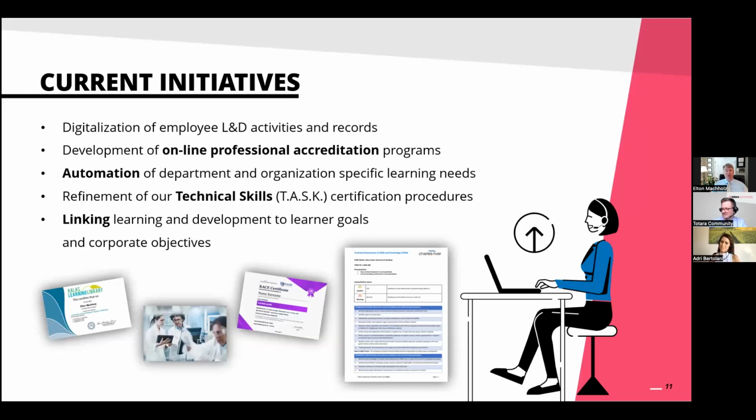Last but not least here, one of our other bigger final initiatives is linking our learning and development to goals. Now, we do utilize a separate HR management, information management system to handle those goals, but being able to tie those things into learning and saying, okay, in your job description, these objectives are things you need to complete, and here's the learning that you need to do, and when you need to do it has been part of the evolution of our organization.